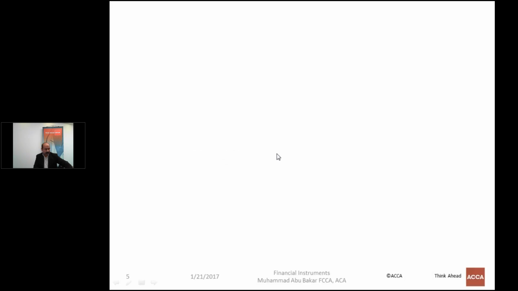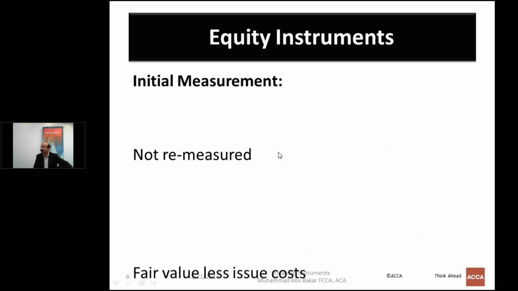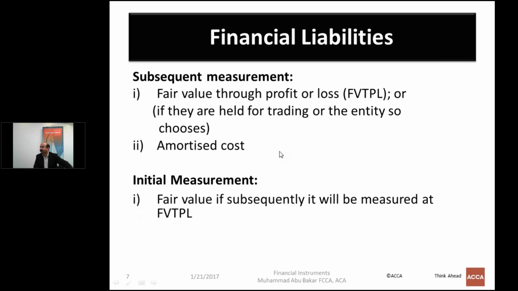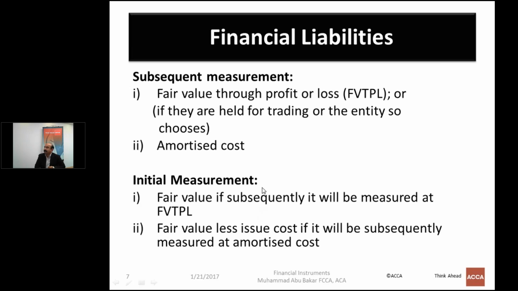This was our earlier slide: financial liability is initially measured at fair value. Financial liability will be initially measured at fair value in both cases. So what is the fair value? Fair value is 32 million. I hope it is clear.